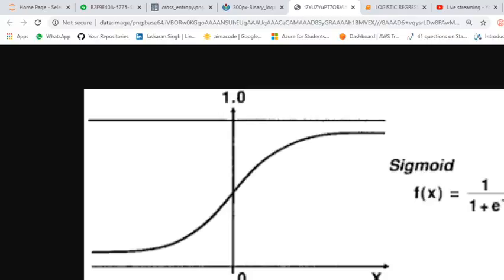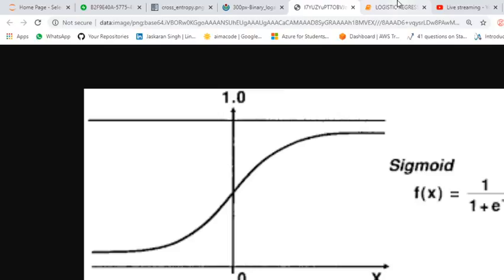What it suggests is, if x goes from minus infinity to infinity, the sigmoid function tends to 0 as x approaches negative infinity, and it tends to 1 when x tends to infinity. At x equal to 0, it is 0.5.